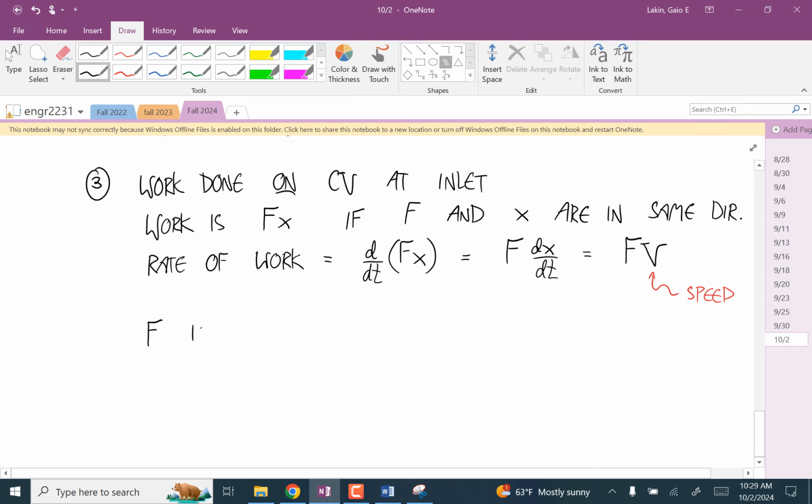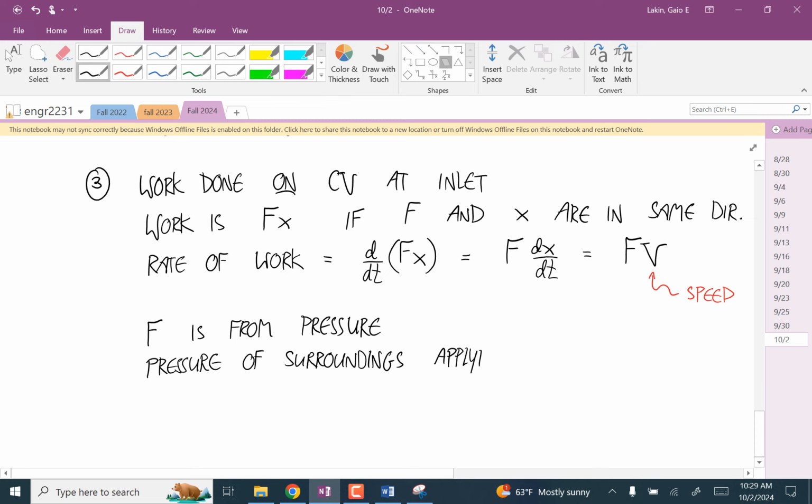So the force is from pressure, and the pressure of the surroundings is applying a force in the same direction as the fluid flow.